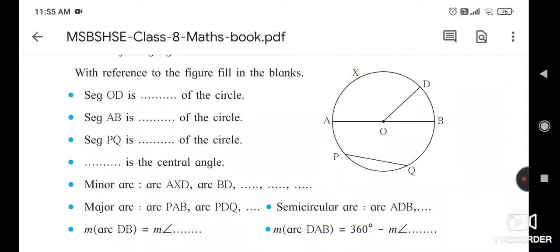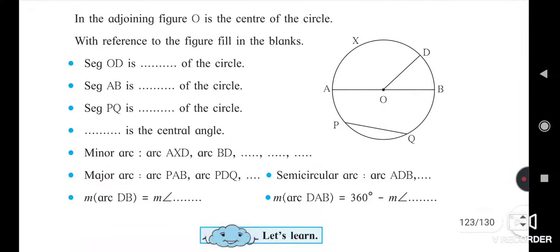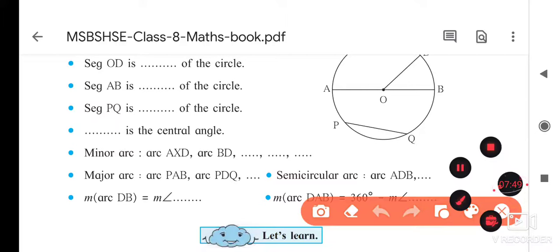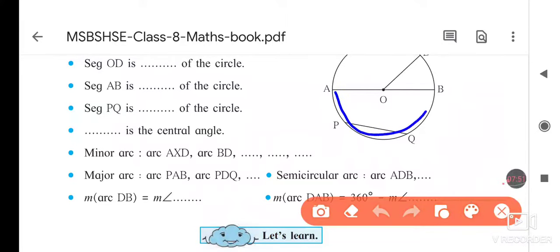Here it is given arc ADP and arc ADB, and we have to write another arc, arc AQB, as the semicircular arcs.